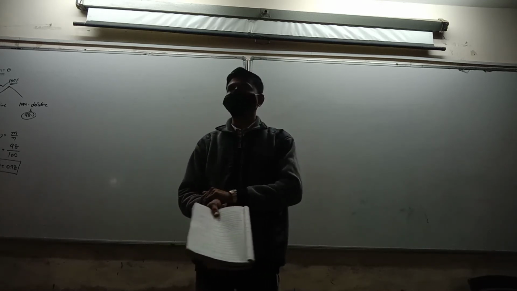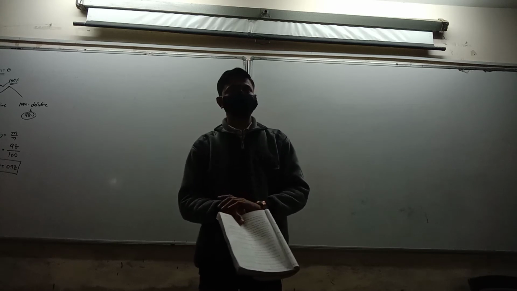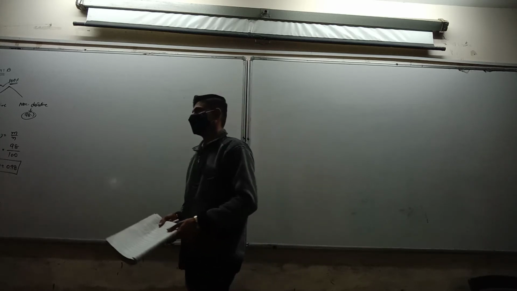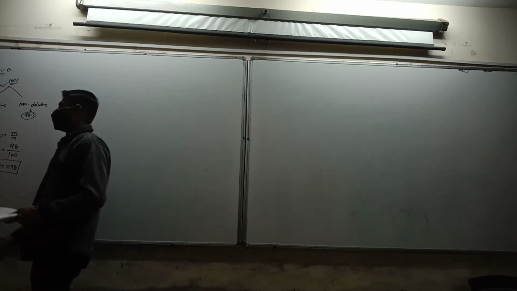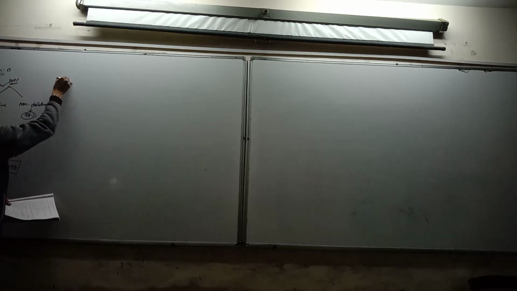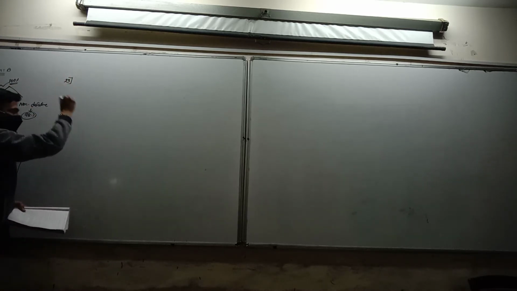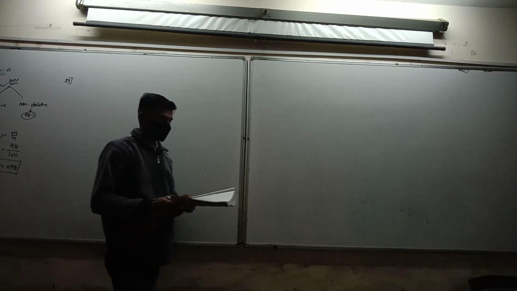Write down P of A is equal to M upon N, 98 upon 100, answer 0.98.